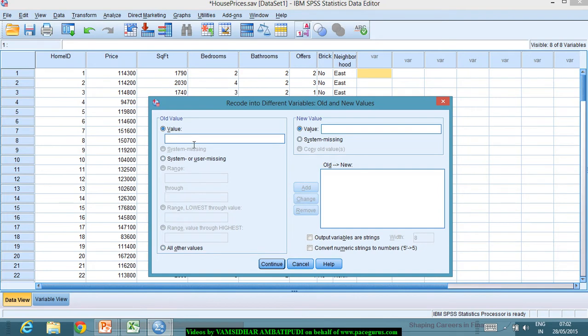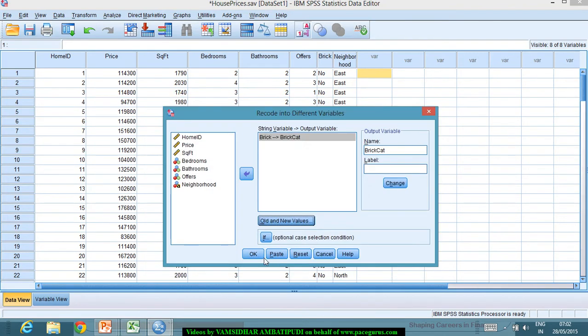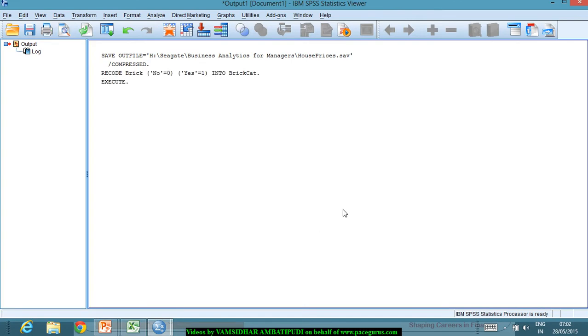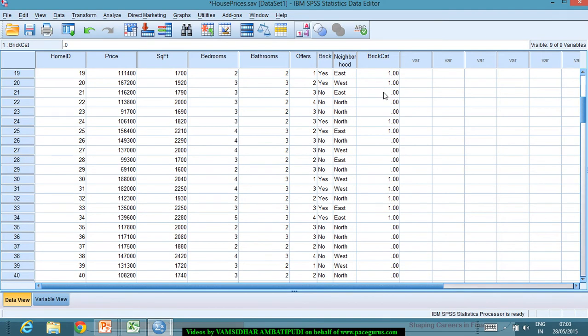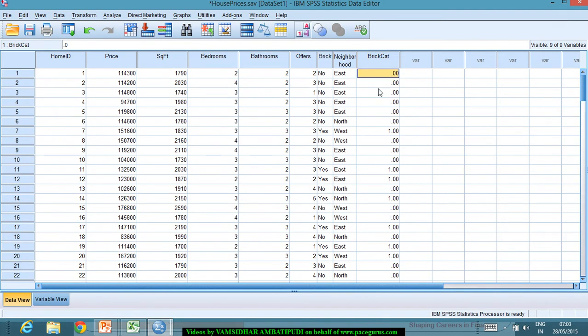This is the initial screen. If the old value is no, the new value is 0. If the old value is yes, the new value is 1. When I do this, I get a new category created. In brick category, zeros and ones are replacing nos and yeses in a different variable.